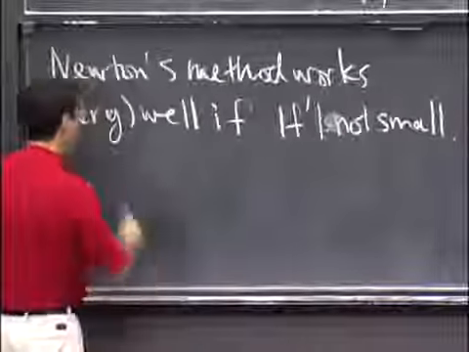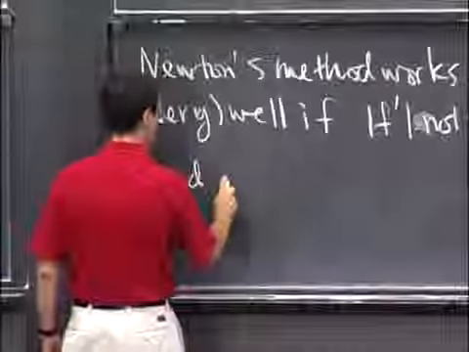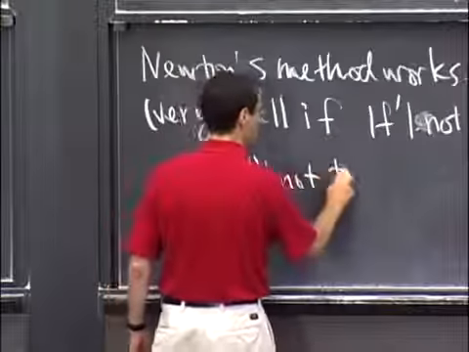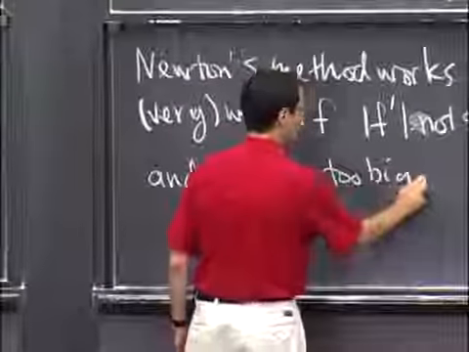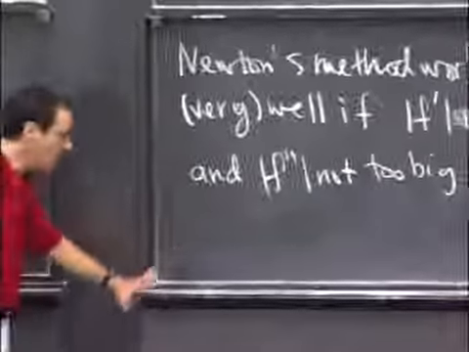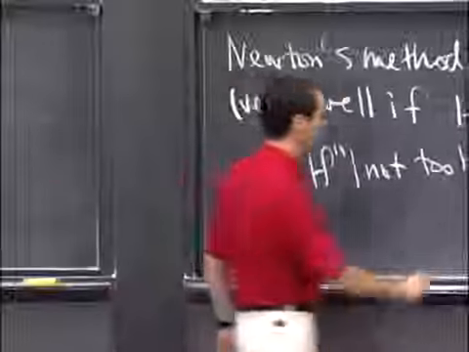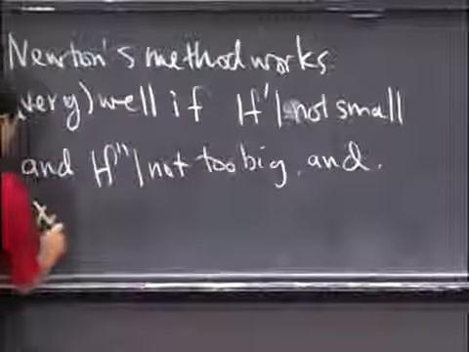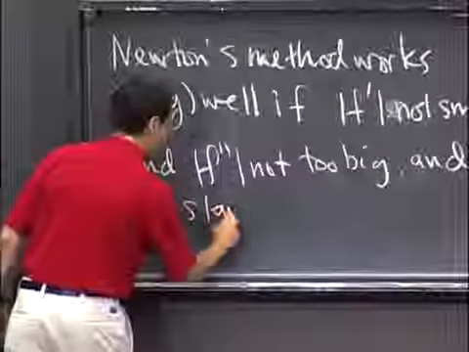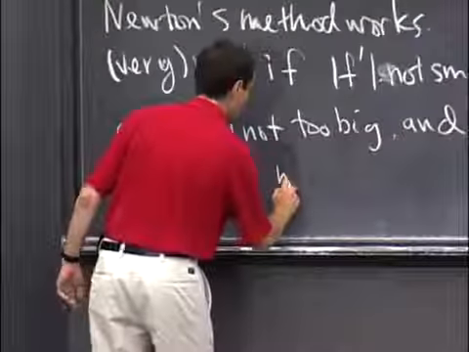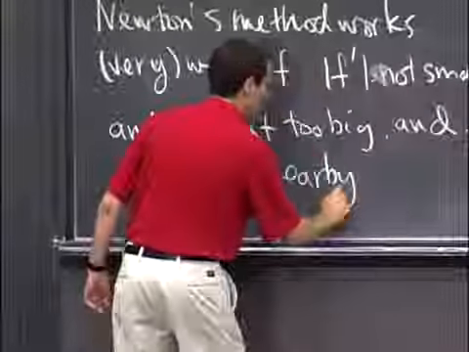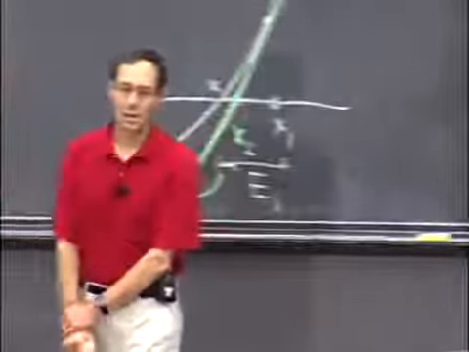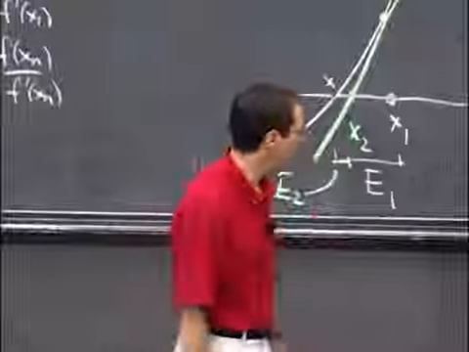Okay? And f double prime has to be not too big. All right, that's roughly speaking what's going on. I'll explain these in just a second. And x0 starts nearby the target value x. All right, so that's really what's going on here.